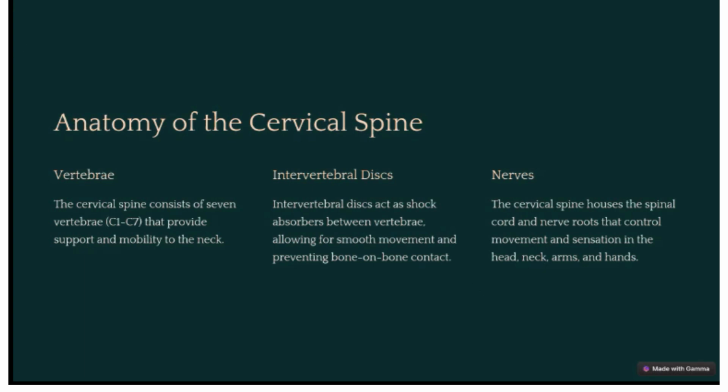Between each vertebra there are discs that act as cushions. These cushions act as a shock absorber and maintain flexibility. Surrounding these structures, we have ligaments, muscles and nerves that enable neck movement, stability and communication with the rest of the body.